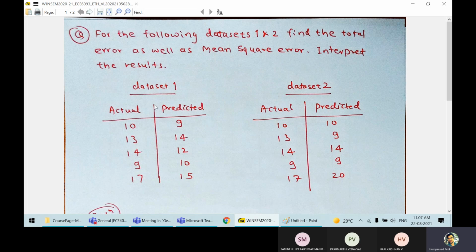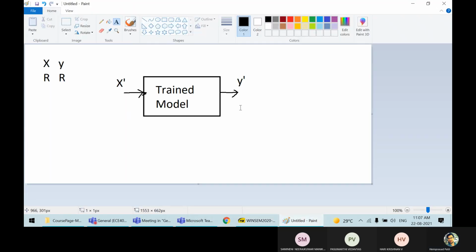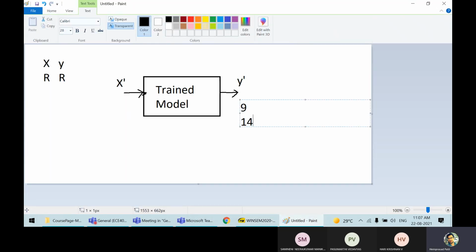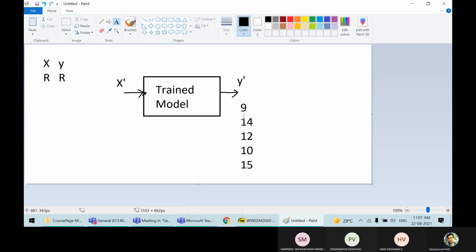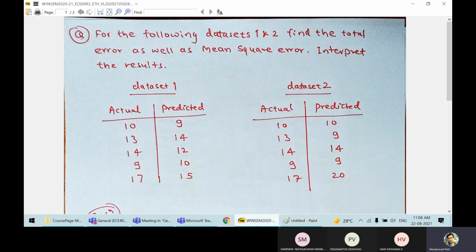And data set 1, in this, the predicted outputs are 9, 14, 12, 10, 15. This is predicted by this model. But actually, they were 10, 13, 14, 9, 17.